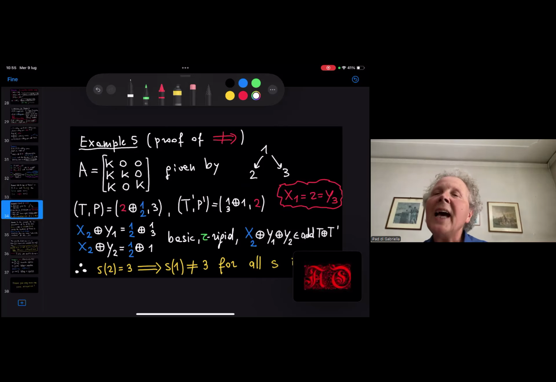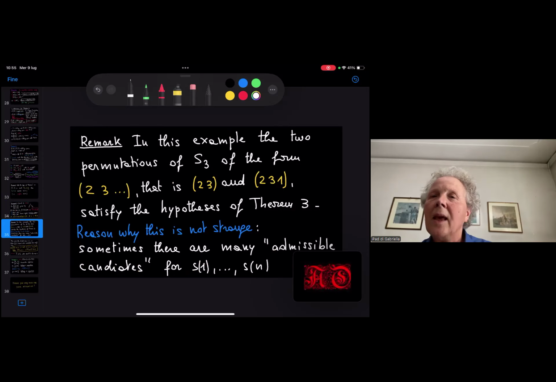Again, a Dynkin diagram, so a hereditary algebra, and if you consider the pair TP and the pair T'P', they have a common summand, but what happens is that S1 cannot be equal to 3.